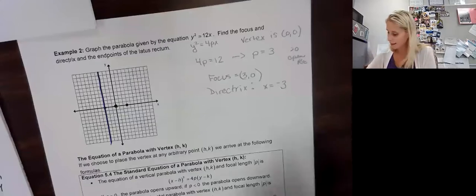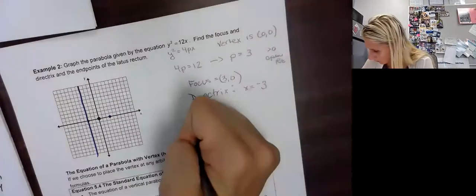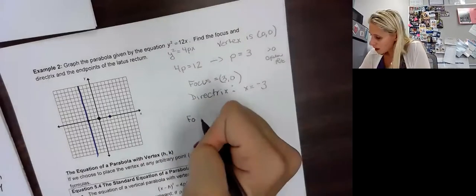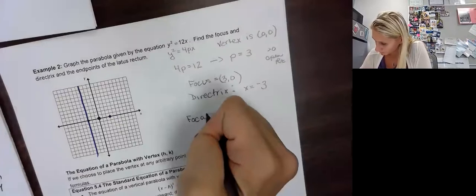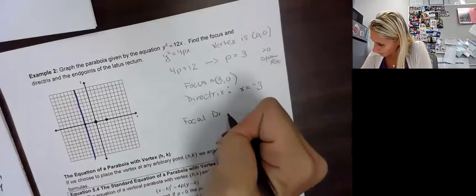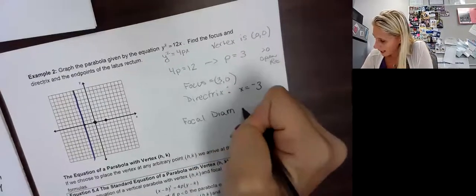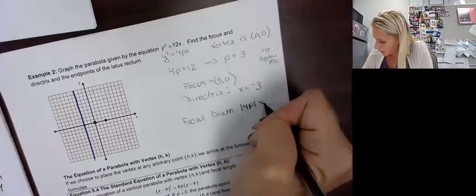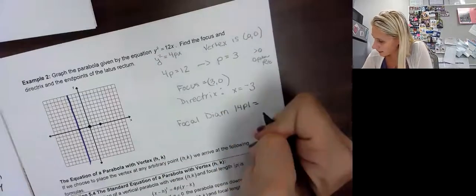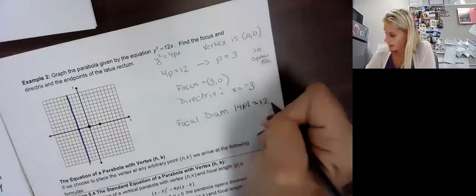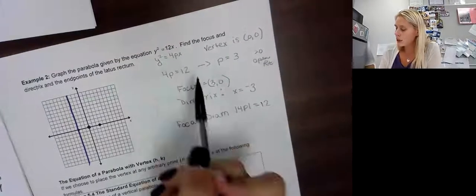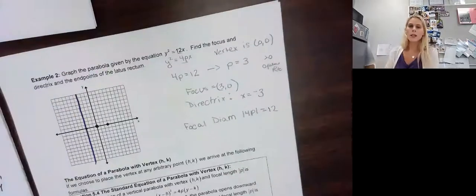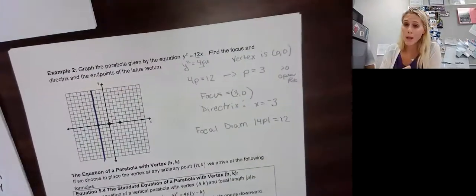Now let's keep in mind what we did on the other side. It said that the focal diameter, which is the latus rectum, let me write that down, is the absolute value of 4p, which equals, of course, 12. That's the great thing about having the equation set up like this. Now, it's not always going to work that way.